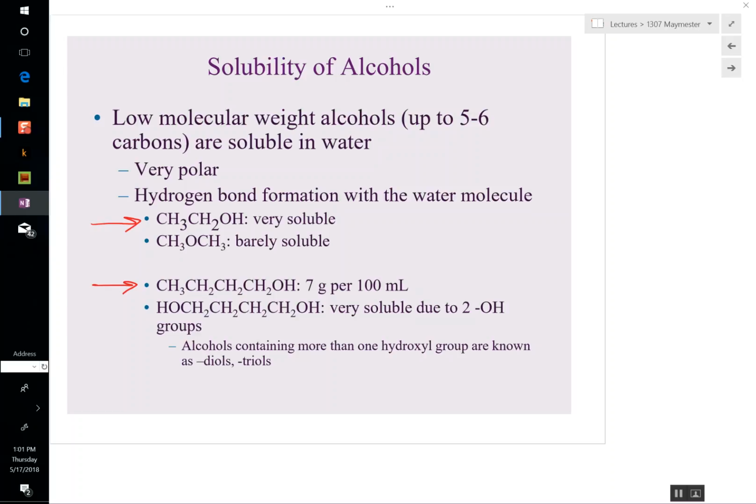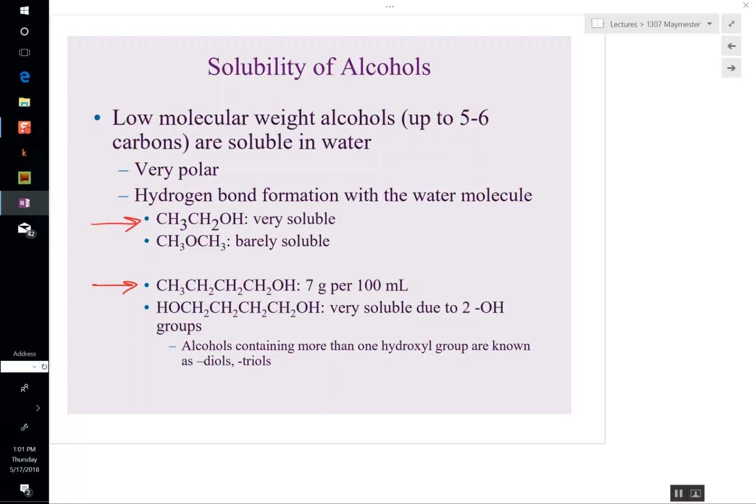All right? All of a sudden now there's water that likes to be around here, there's water that likes to be around this end of the molecule, and this little thing kind of gets lost in the middle. Yeah, it's nonpolar, but there are now 2 OHs per 4 carbons, which is the same as having 1 OH per 2 carbons. This is completely soluble in water.